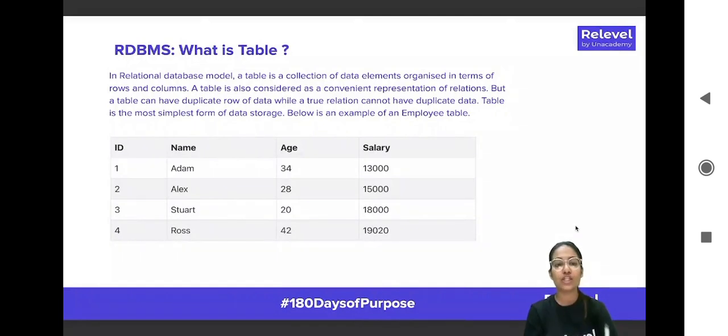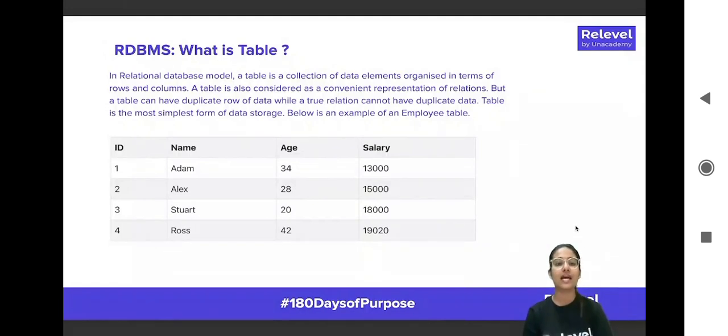So in a relational database model, a table is a collection of data elements organized in terms of rows and columns. So a two-dimensional table has everything organized in terms of rows and columns. Now, a table is also considered a convenient representation of relations.